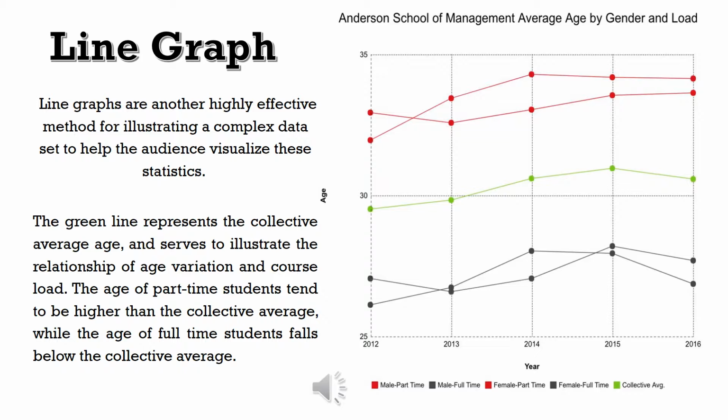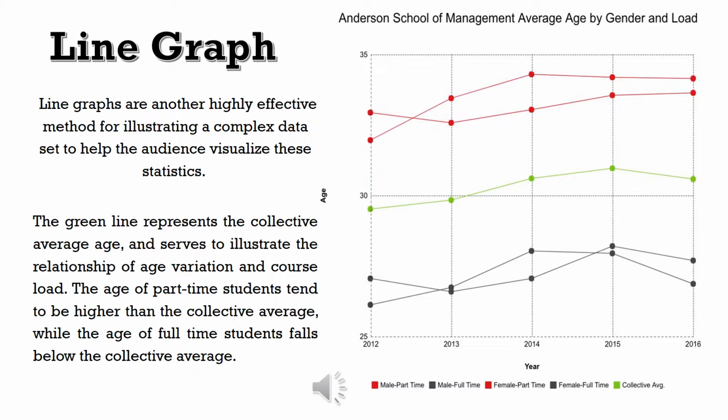And the reason for this was because these numbers are already really similar in terms of the males part-time and the females part-time, as well as the female and male full-time. And it's a good way of distinguishing the difference between that from the average age, which is what might be used in comparison. And yeah, so that's why I selected those colors.